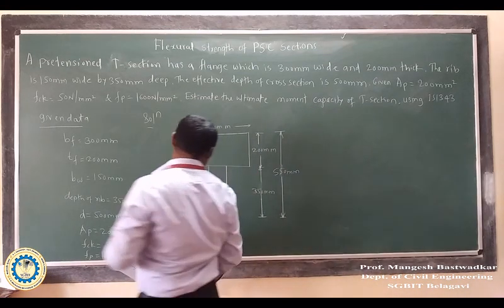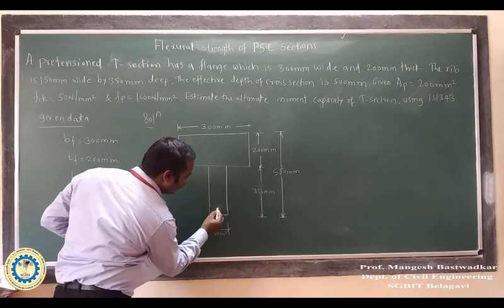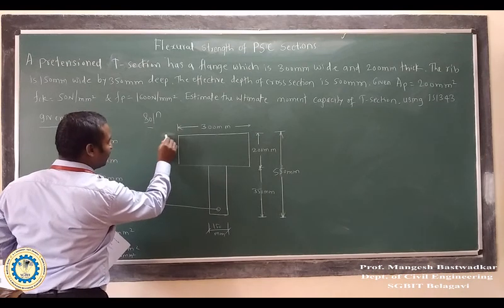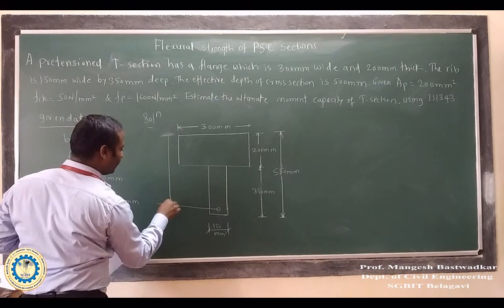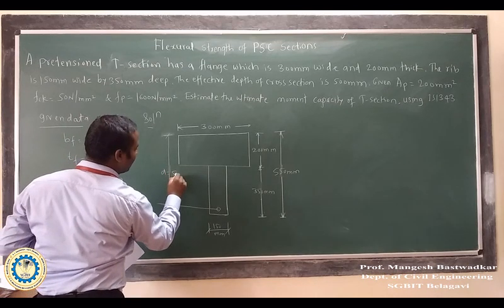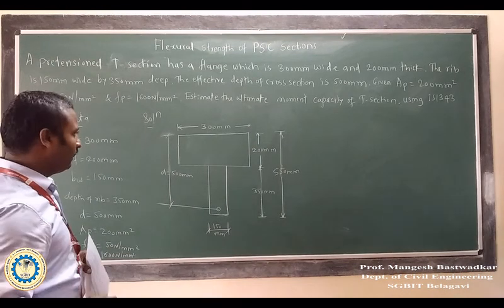Now how to calculate the effective depth? Here the effective depth is already given. It is measured from the extreme compression fiber at the top. So this D is given in the problem, 500 mm. Okay.